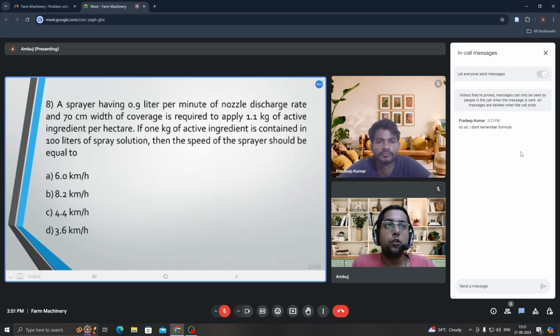From that you calculate one actual field capacity. Then another has to be calculated from the discharge rate, 0.9 liter per minute of nozzle discharge at a 70 centimeter width of coverage. Then the speed you would be able to calculate from S into W divided by 10. The inverse of that will give you time. So you have to equate the time directly, and then you would be able to calculate the speed.